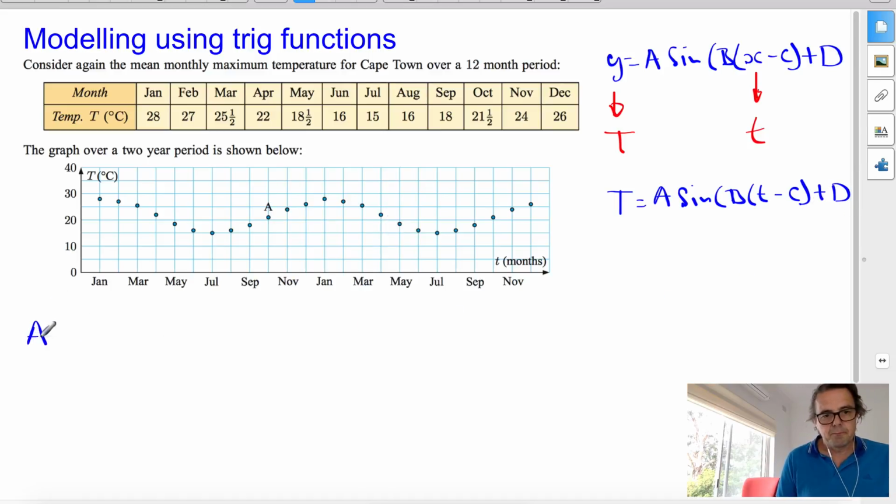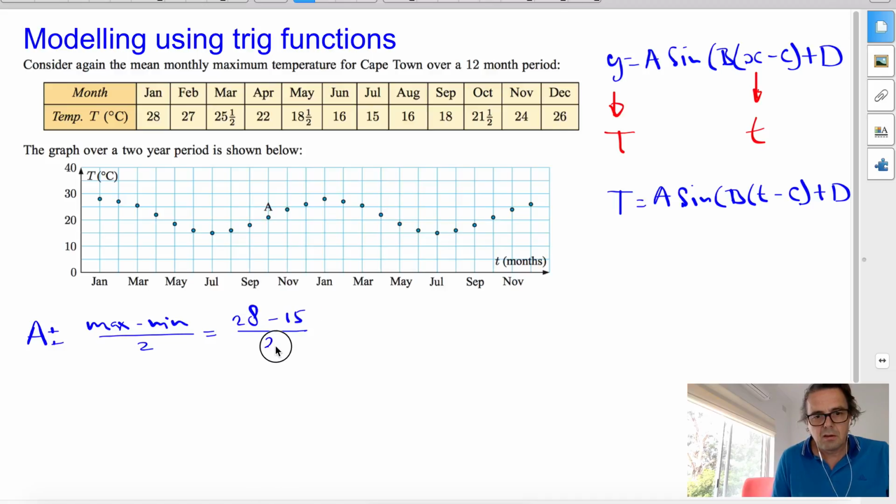A is the maximum, take away the minimum, over 2, which in this case the maximum value is 28, I believe, and the minimum value is perhaps 15, and we do divide by 2, and that gets us 6.5.